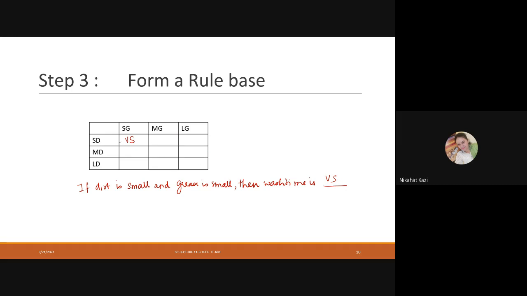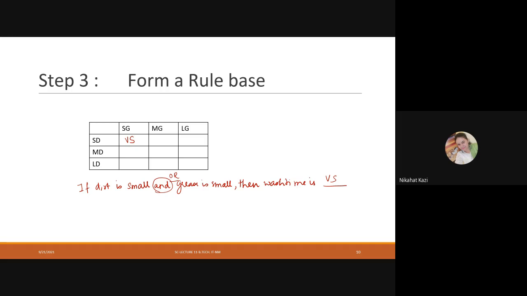What we are doing is combining the inputs and assuming the role of both inputs, so that is why we are using and. However, you can also use or. We will definitely see one example where the rules make use of or. So if dirt is small and grease is small, then wash time is very short.